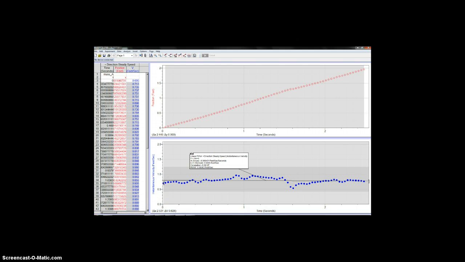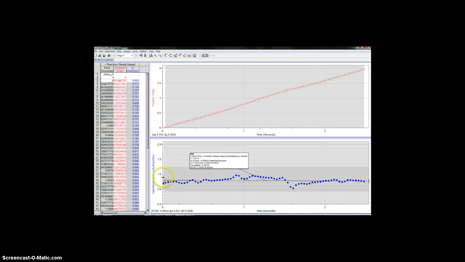Okay, now to find the displacement from this velocity versus time graph, or basically the overall change in position, all you have to do is find the area under the velocity versus time graph, or above if the velocity is below 0.